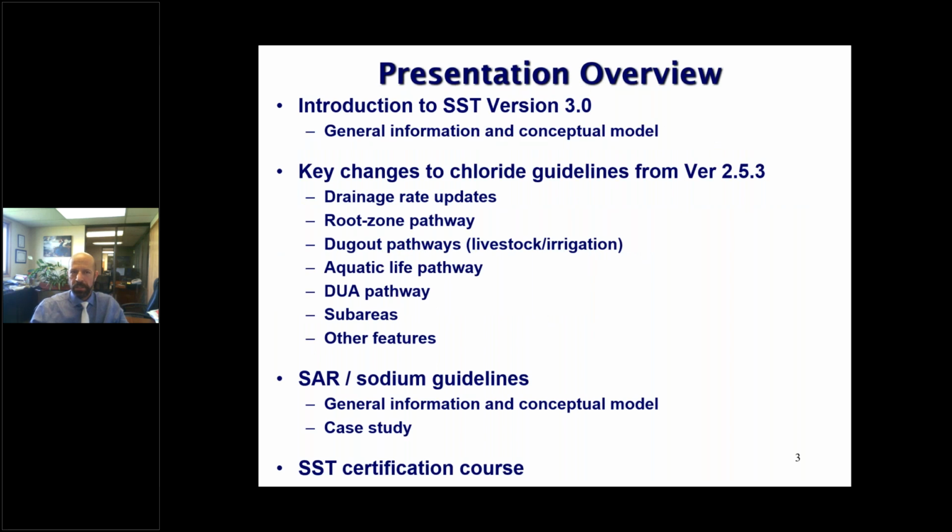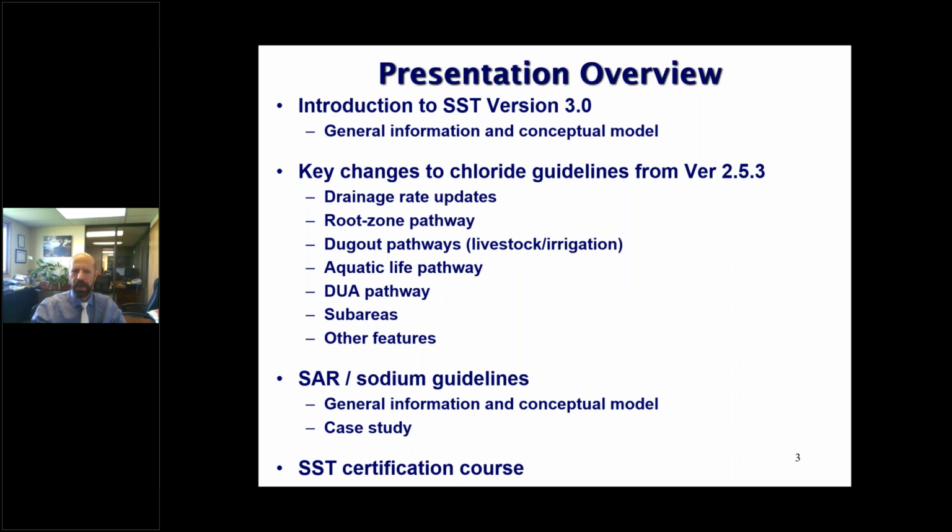The presentation, as a brief overview, will go through some general information first and the conceptual model for version 3, and then largely focus on key changes to the tool from version 2.5.3. That will include a discussion of the drainage rate and how it has been updated, and then a few of the pathways relevant to the tool: the root zone, dugout, aquatic life, and DOA.